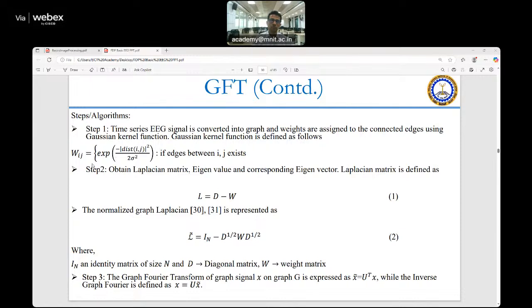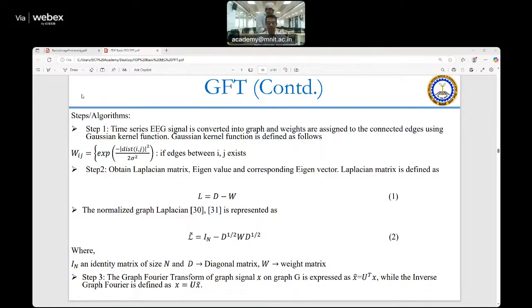Now what is the use of this weight? Remember, whenever we are calculating the weight, we want to calculate the frequencies present in a signal. To calculate the frequency, you need to calculate the Laplacian.